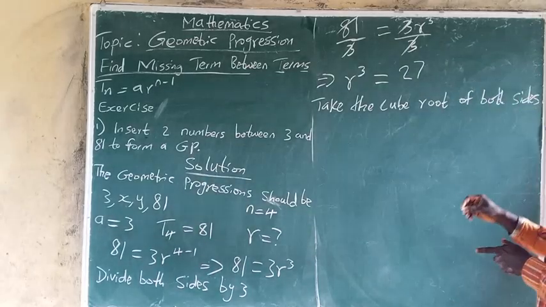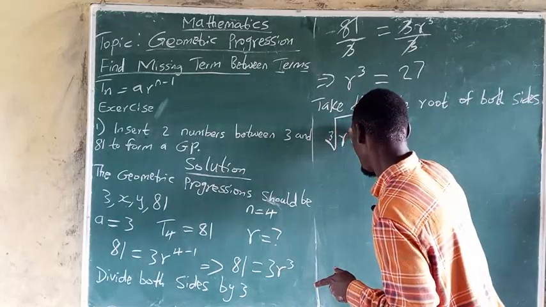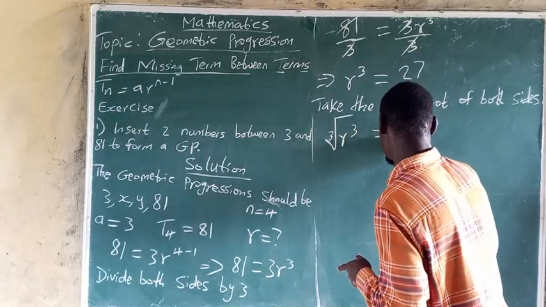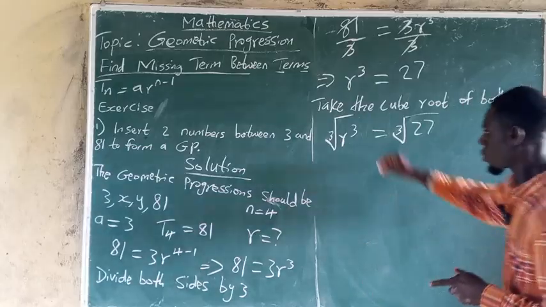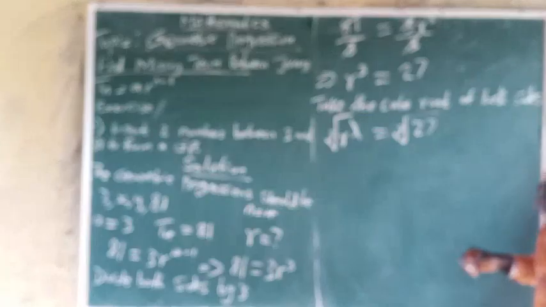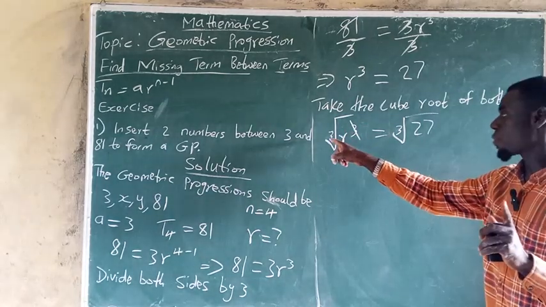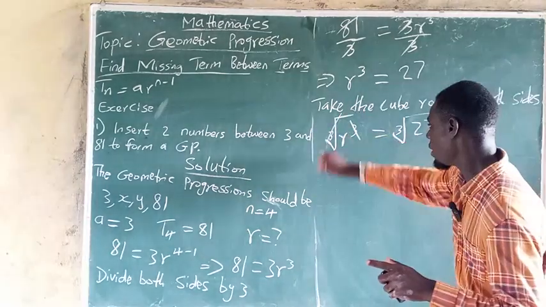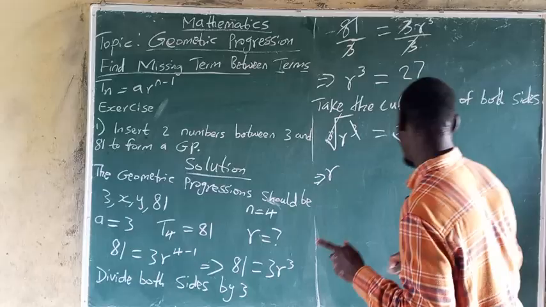Take the cube root of r raised to the power of 3 is equal to the cube root of 27. Like in my previous video, I've already told you, whenever the root and the powers are the same, they cancel each other to give us r. This implies that r.